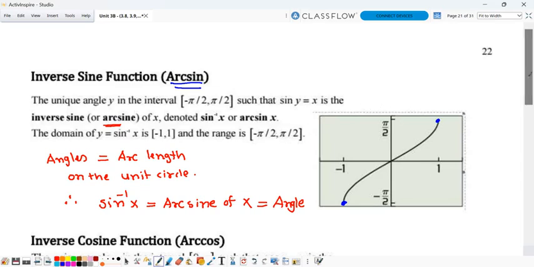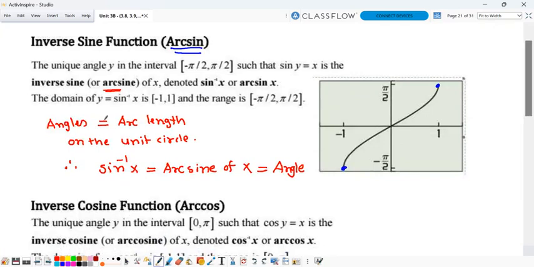Now, why do we have two different names? Because angles are the same as arc length on the unit circle. If you recall the definition of a radian, a radian is the ratio of arc length divided by radius. So angles are the same as arc length because the radius is always 1.